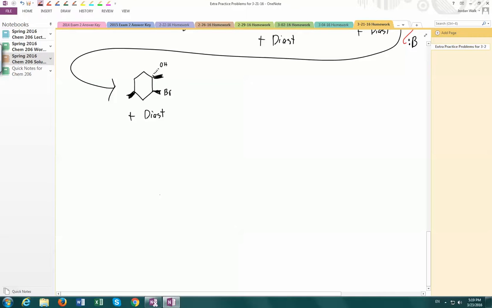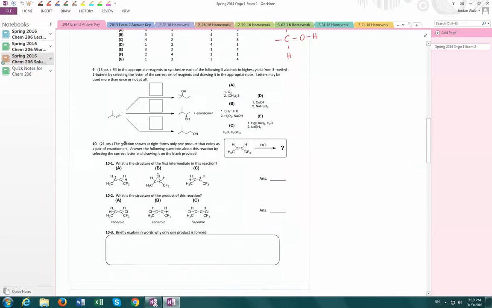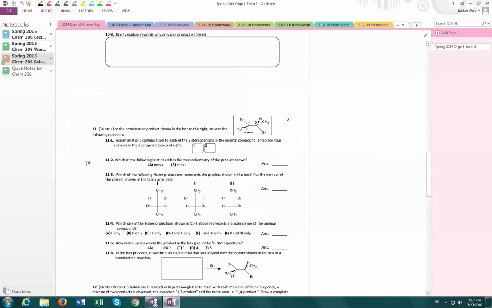Other questions about this? Rachel. On the 2014 practice exam, can we look at number 11 first, then 3? Oh, Fischer projections. Ugh. Okay. So I'm just going to go ahead and say that there's a 100% chance that there will not be Fischer projections on the exam.